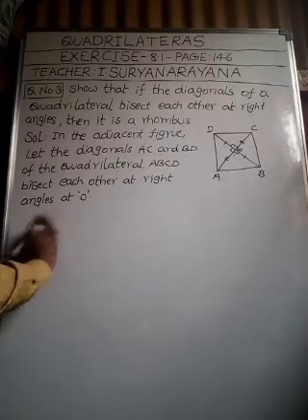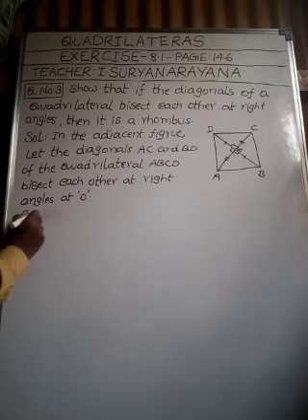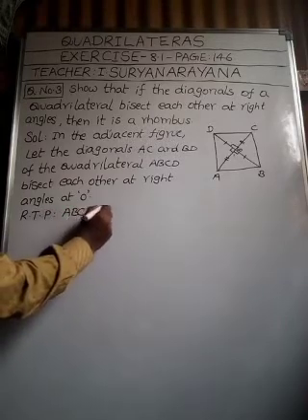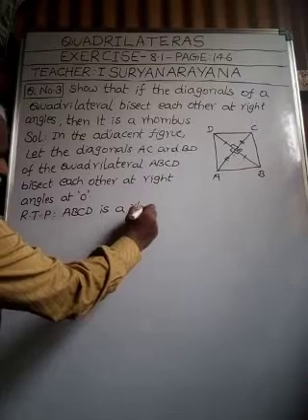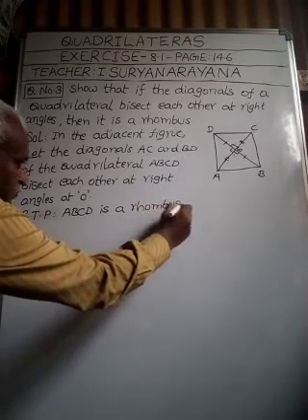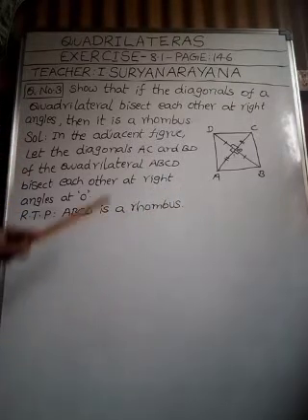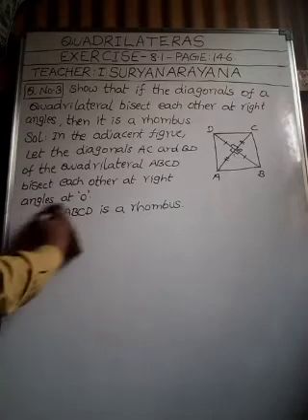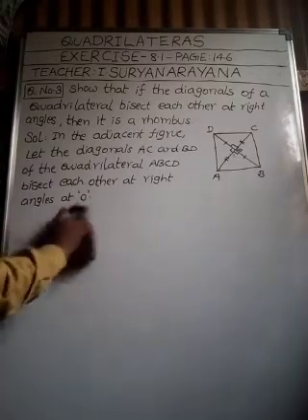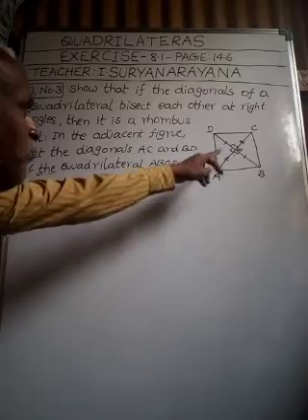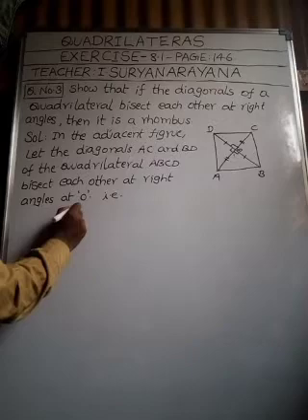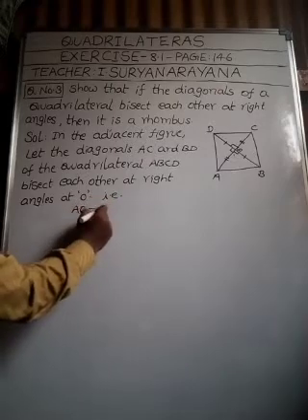Now what is to be proved? Required to prove: ABCD is a rhombus. If this condition is satisfied, we have to prove that it is a rhombus. Okay, my children. First, let us write the given steps.